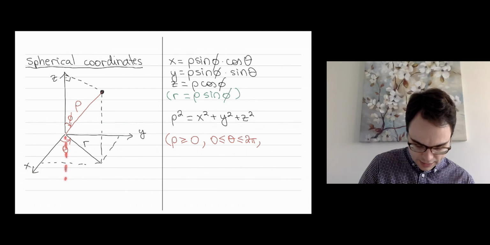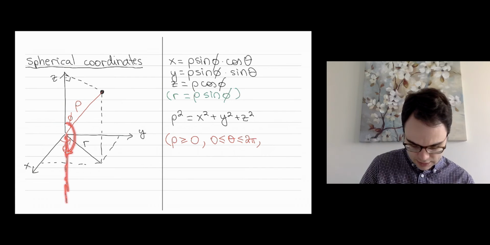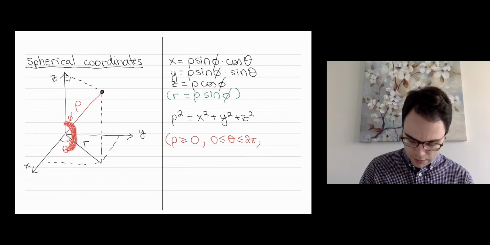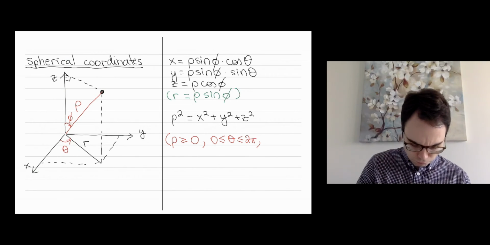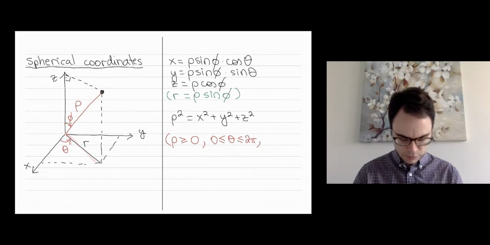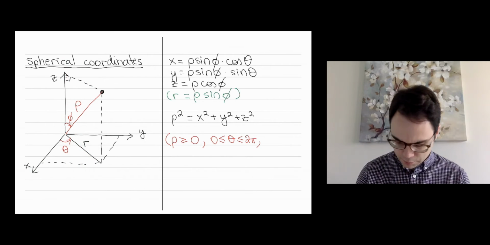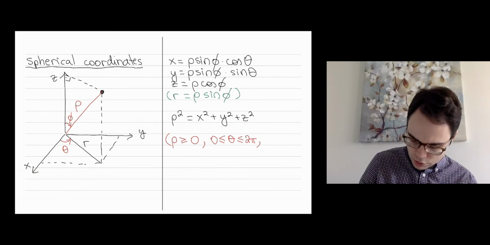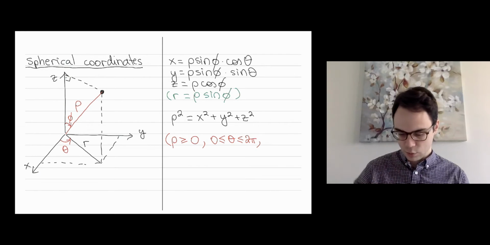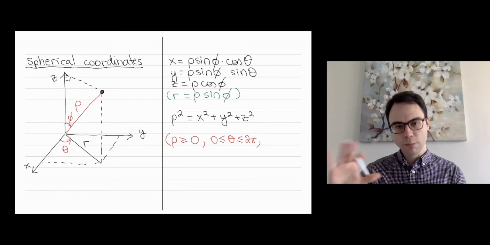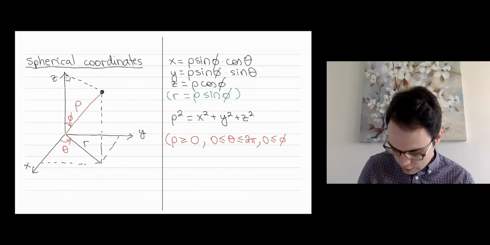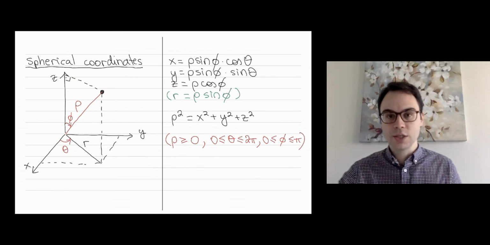If phi is pi, I'm on the negative half of the z-axis, and in between I'm on this half plane, making angle theta around the z-axis. So I'm going to constrain myself to only have phi vary in this half plane. When phi is varying, I'm moving just inside a half plane. So our convention is going to be that phi will go between 0 and pi.